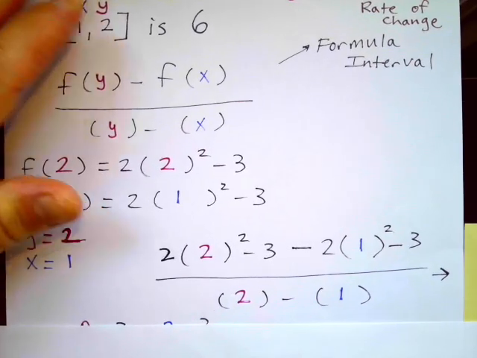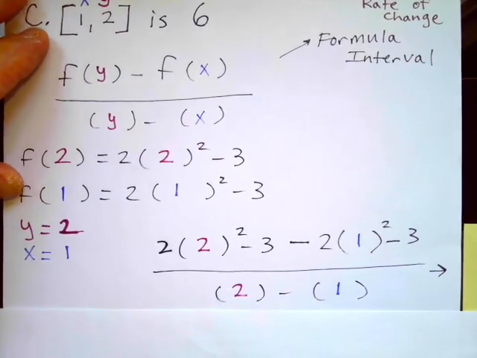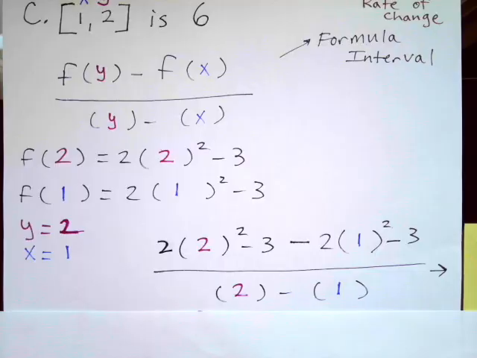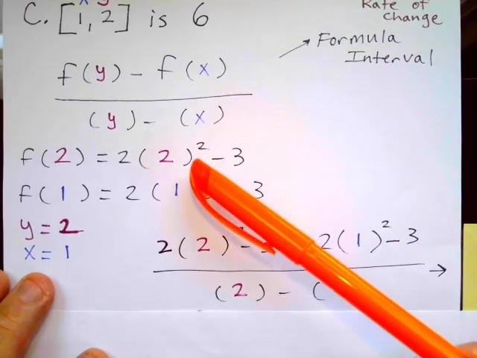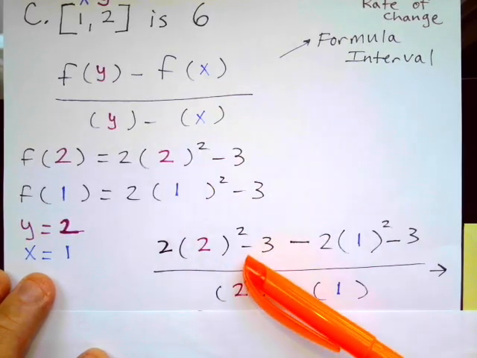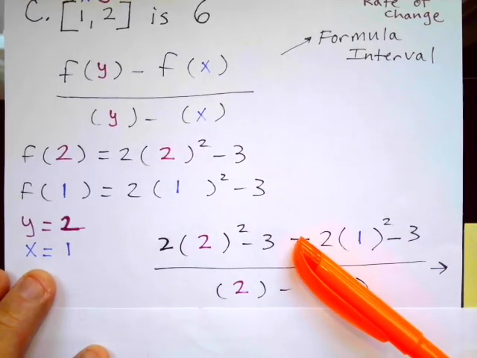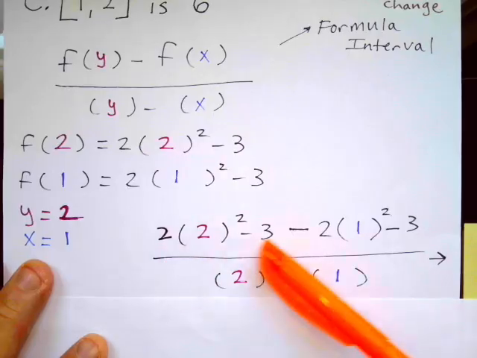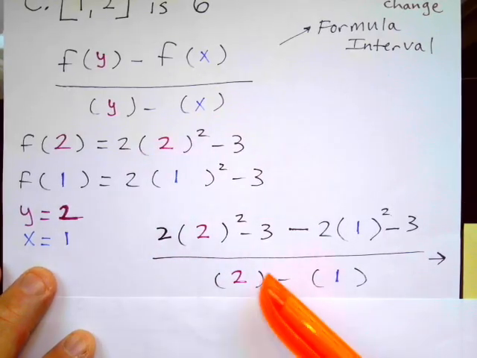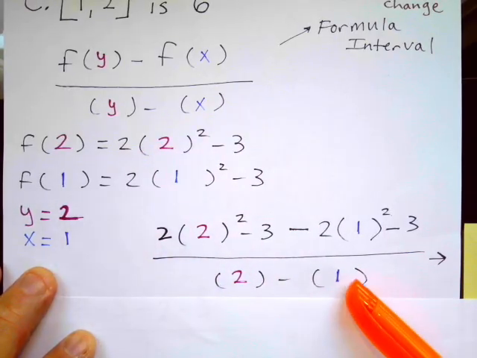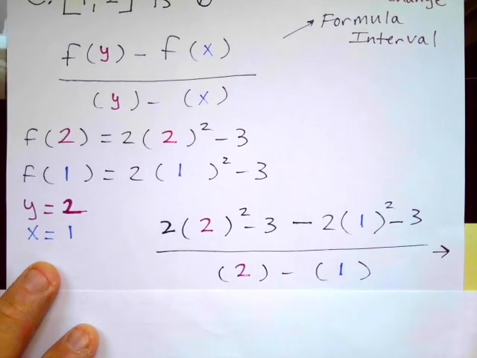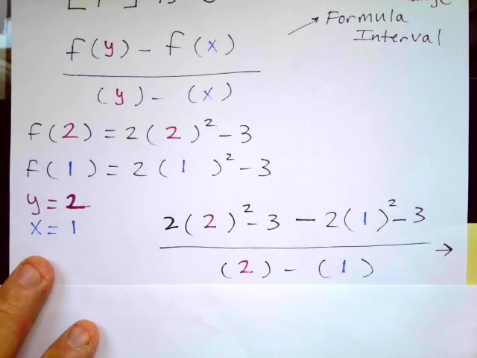Let's just continue on. I'm showing you here my f of y value is here, my f of x value is here, and we're going to subtract that f of x value from my f of y, divided by 2 minus 1, or y minus that x value.